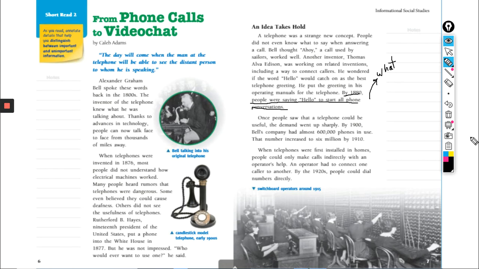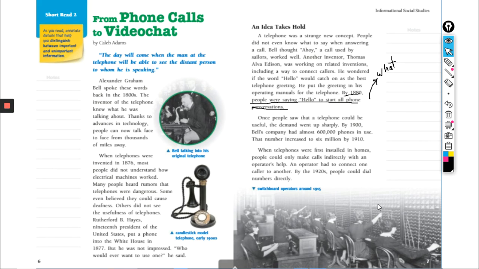Now, can you identify why people started saying hello on phone conversations? Do you know why? Can you find it in the text? All right, so hopefully you can identify that why. This paragraph here actually tells us the why we started saying hello.